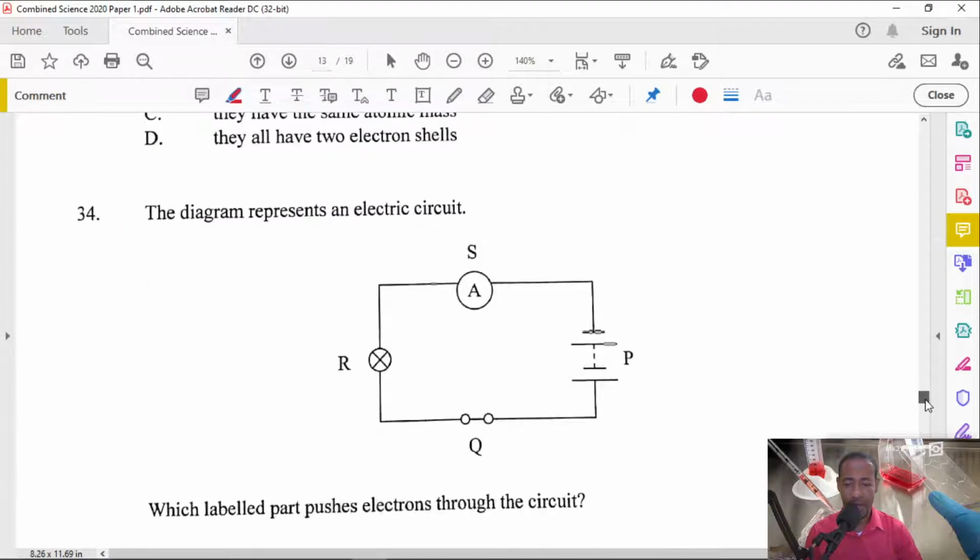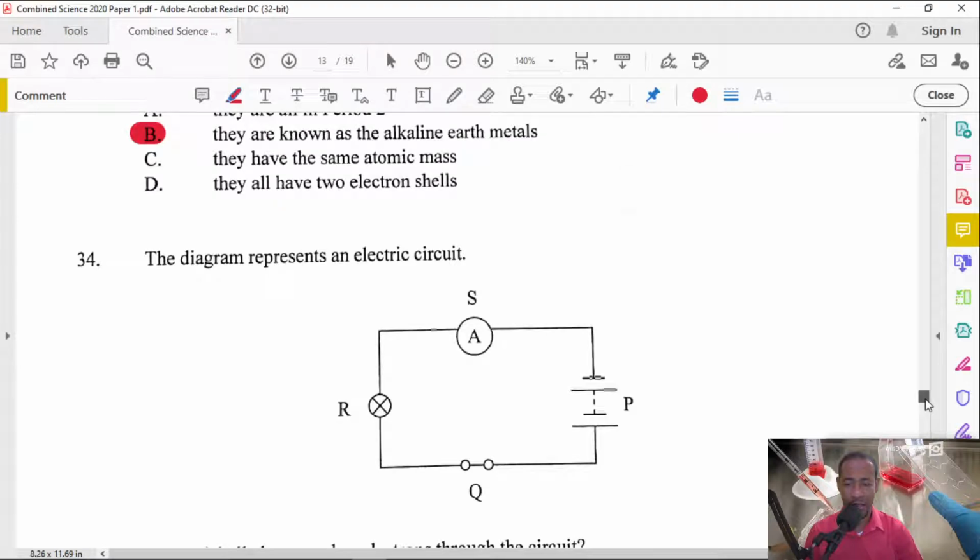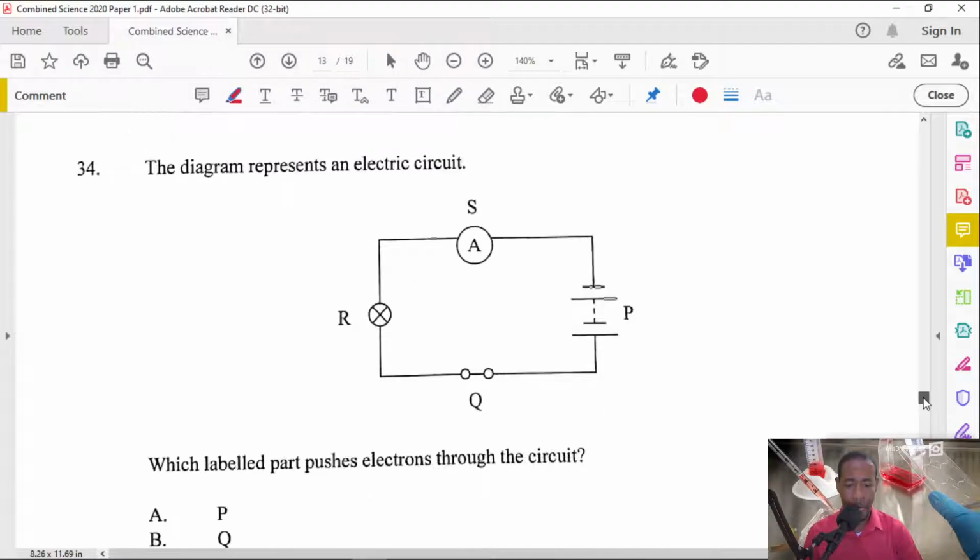Let's look at question number 34 real quick. Now, question number 34 said the diagram represents an electric circuit, right? So we have some letters here, R, S, P, and Q. Now, the question asks, which labeled part pushes electrons through the circuit?